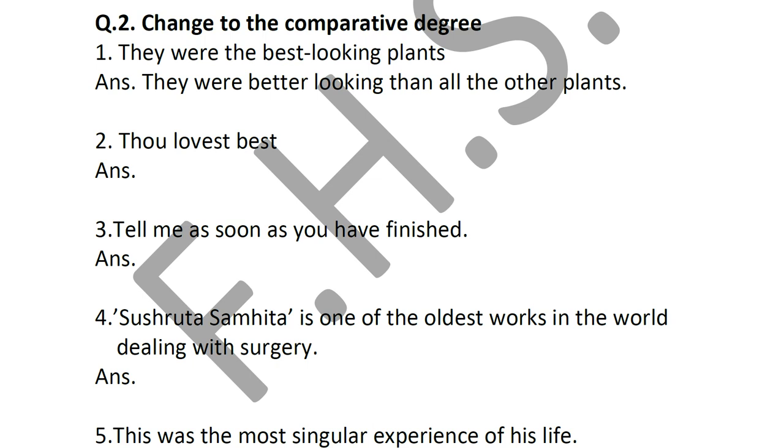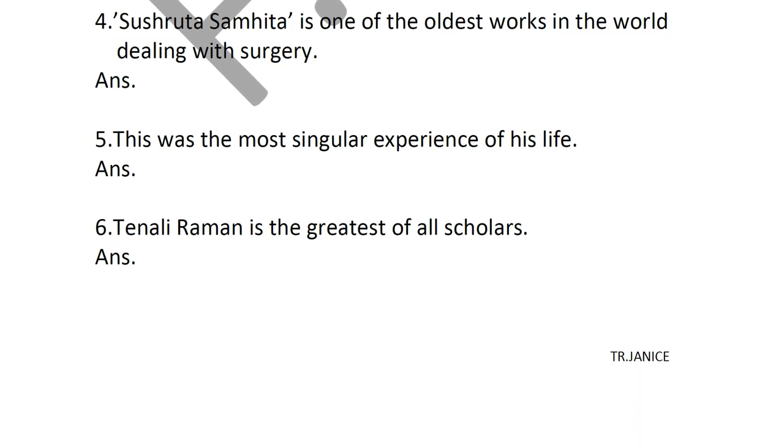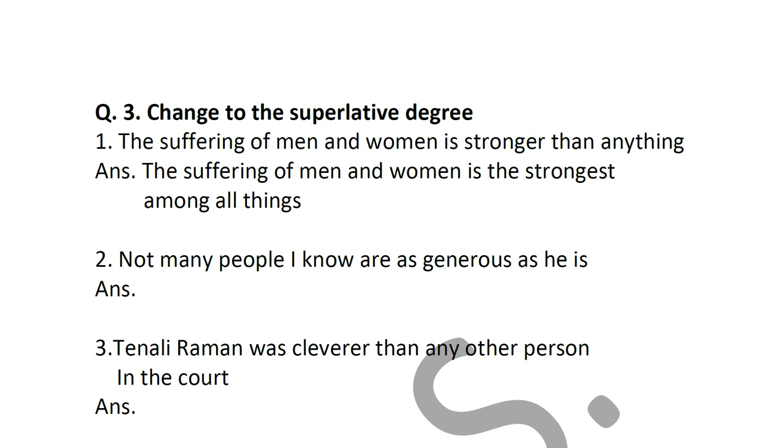So that's why you have to say "better looking than." Clear? Better looking than. Okay. So "thou lovest best." "Lovest" is an old English word for "loves," and "thou" means "you." We move to the next exercise.